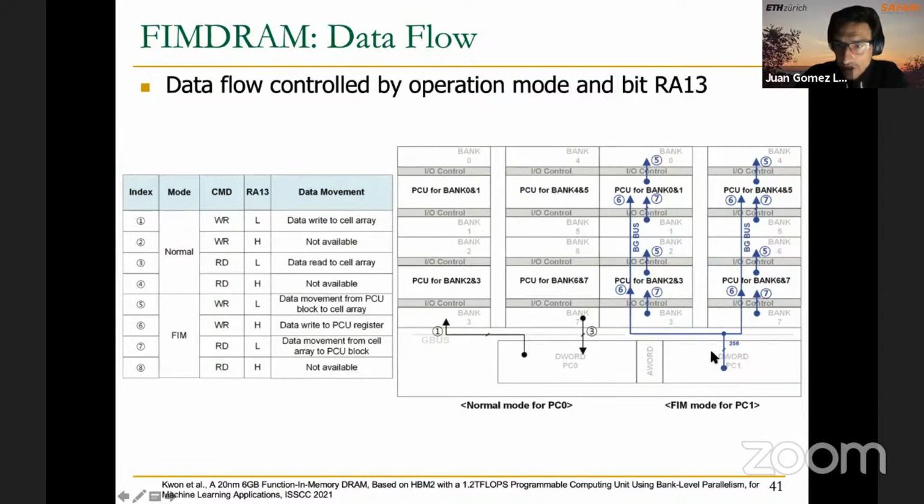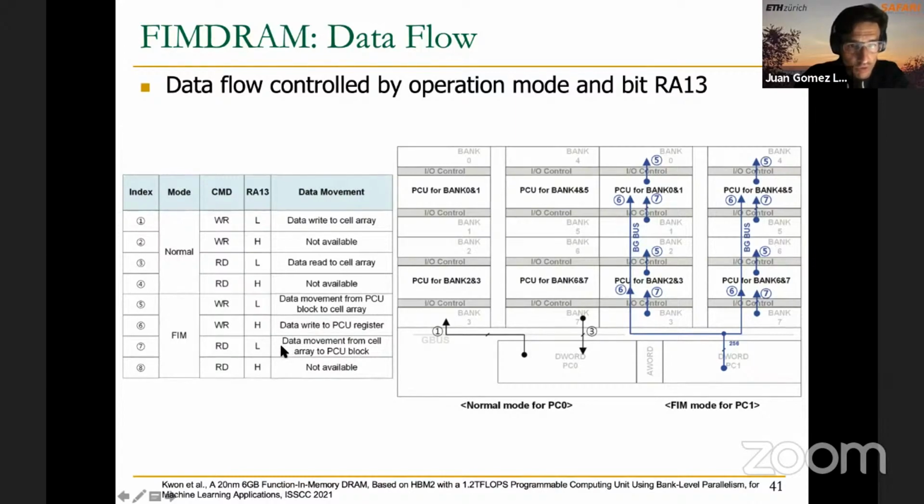So this number 6 is represented by this arrow. So this is coming from the host. So what we are doing with this data flow mode 6 is writing either in this PCU block or this PCU block to the registers of these PCU blocks. For example, this is useful to load weights into the GRF, the general register file, or instructions in the CRF.